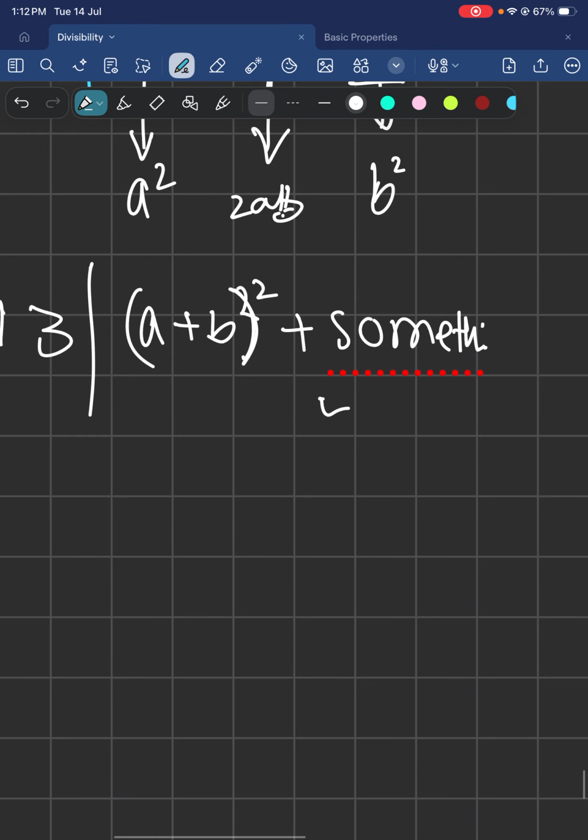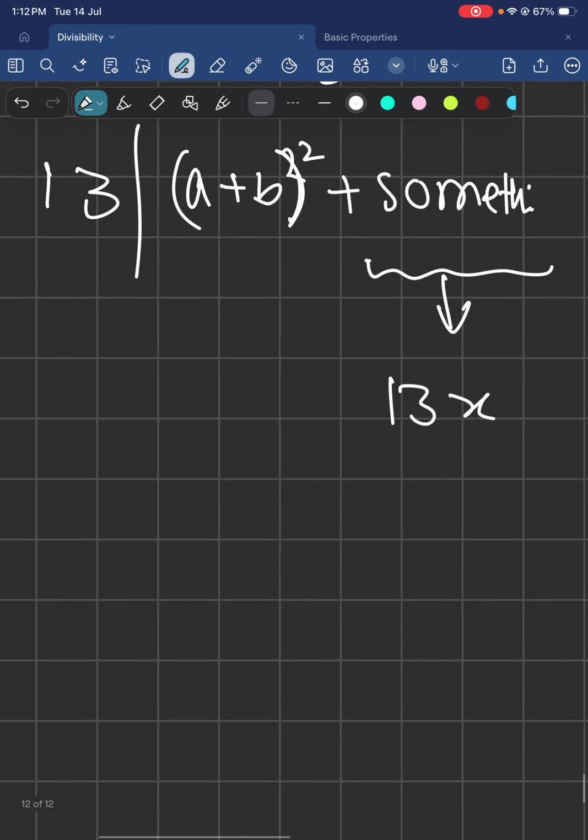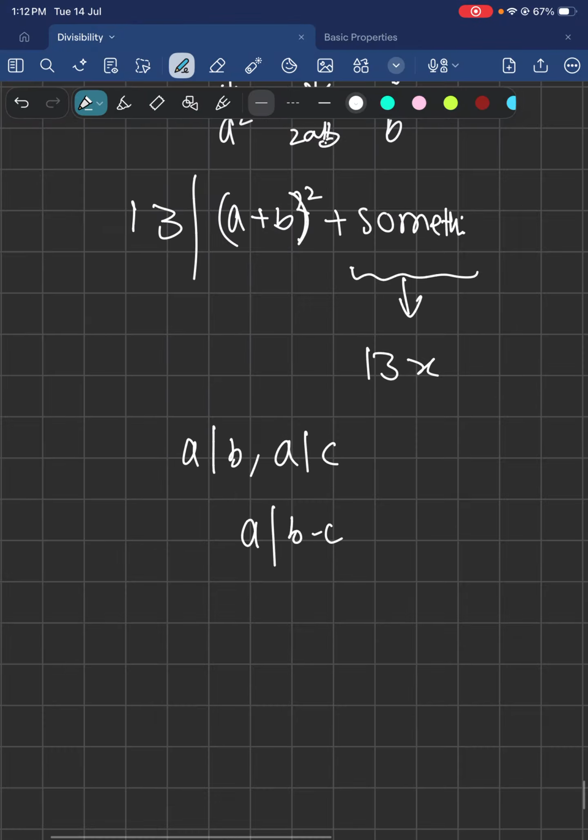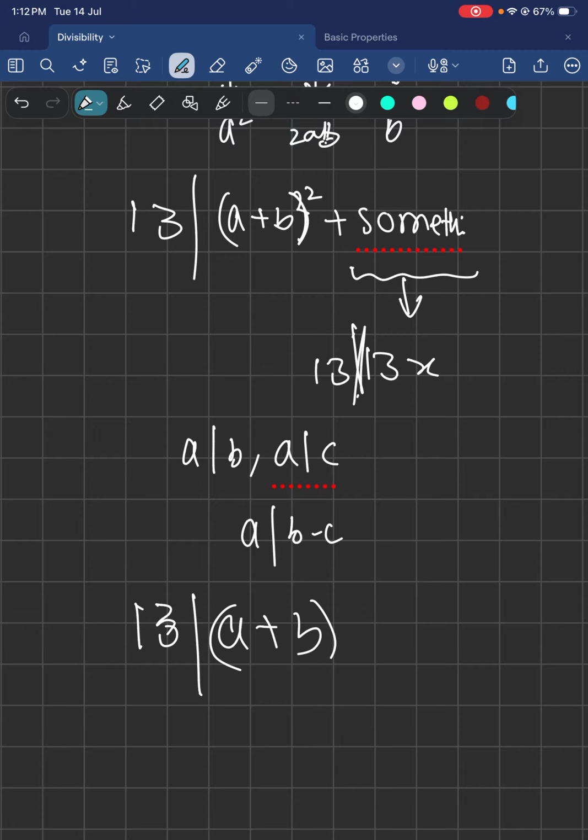So what we can do here is make the something a multiple of 13. Let's just say we made it 13x. So by using the property of subtraction that I told you, that if a divides b and a divides c, then a will also divide b minus c. Since 13 would divide this 13x, we can subtract it and we will be left with 13 dividing a plus b whole square.